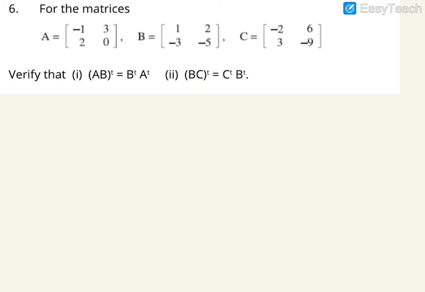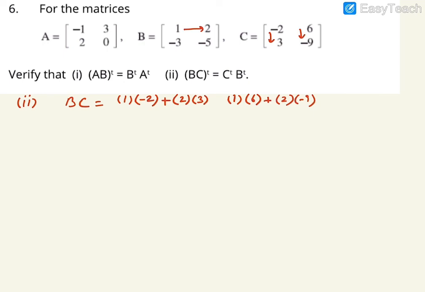Now let's find the second part. Let's verify part 2. So first we need to find BC. So what will be BC? This row will multiply with this column. 1 into minus 2 plus 2 into 3. Similarly, 1 into 6 plus 2 into minus 9.